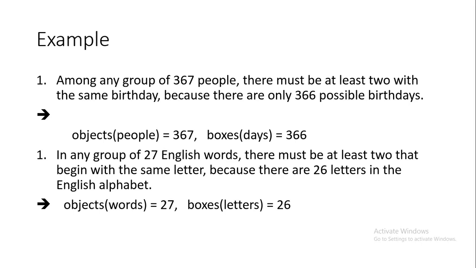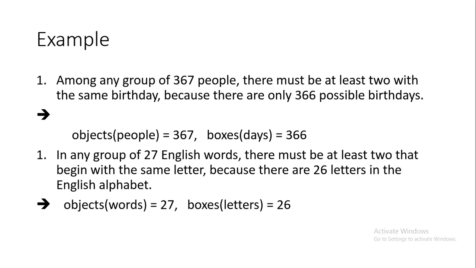What does our pigeonhole principle say? If k is a positive integer and k plus 1 objects are placed into k boxes, then at least one box contains two or more objects. So here the objects are people, those are 367, and the possible birthdays mean the boxes.